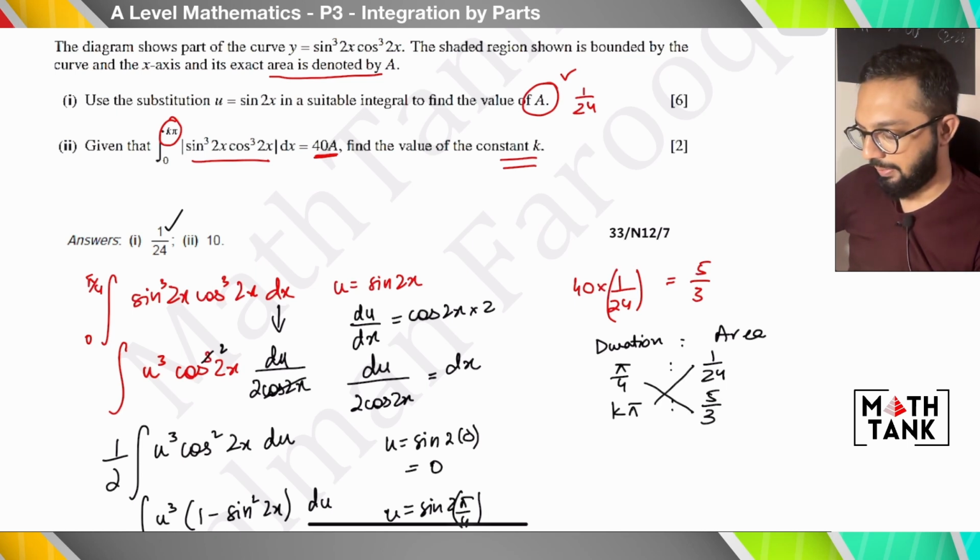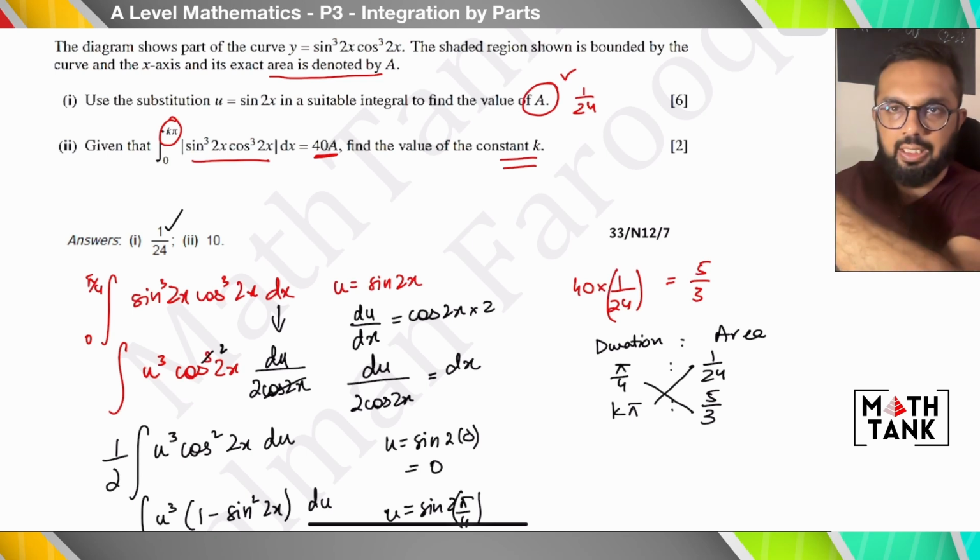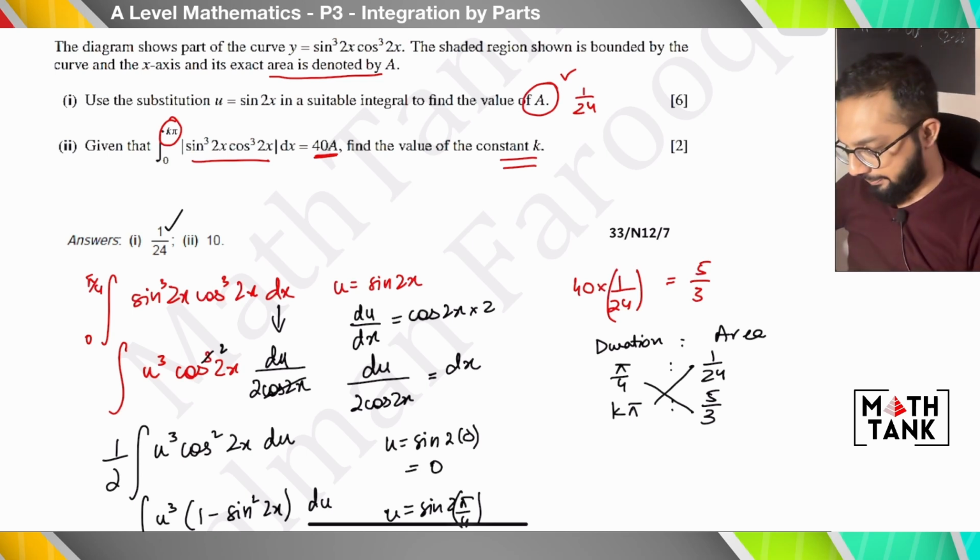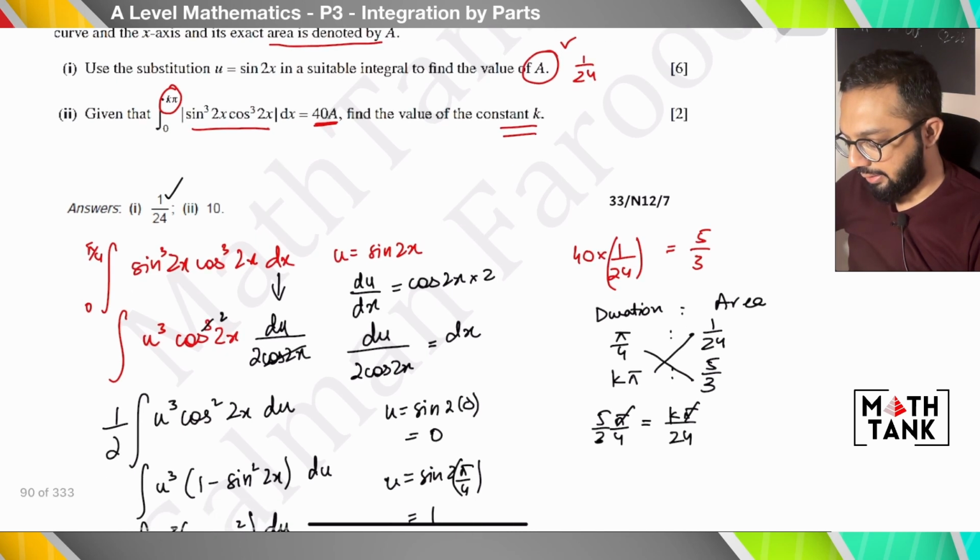I can simply cross multiply because it's going to be in proportion. The areas are getting added together. Okay, so cross multiplying this gives me 5 over 3 times pi over 4 equals k pi over 24. Pi and pi cancel out. 2 times 1, 2 times 12, 4 times 1, 4 times 3.